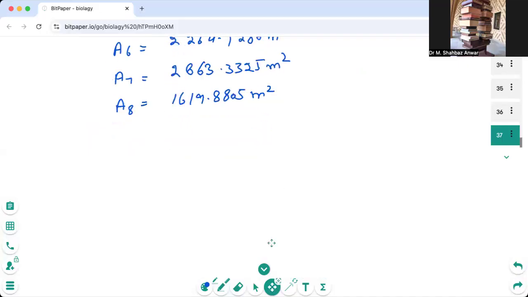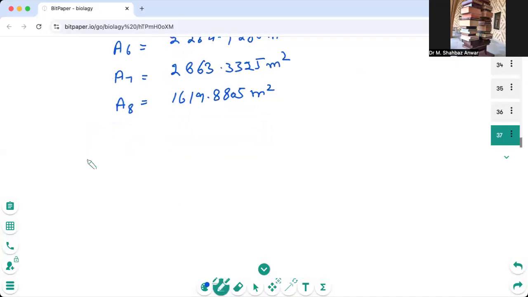Okay. Now, all our areas have been calculated. We need to calculate the total area of this structure. For that, you can say the total area A is equal to A1 plus A2 plus A3 plus A4 plus A5 plus A6 plus A7 plus A8.